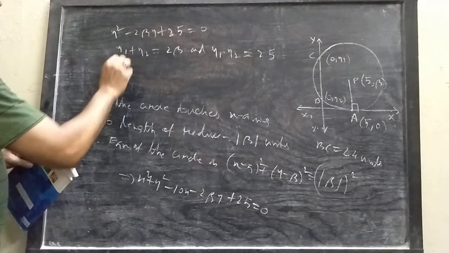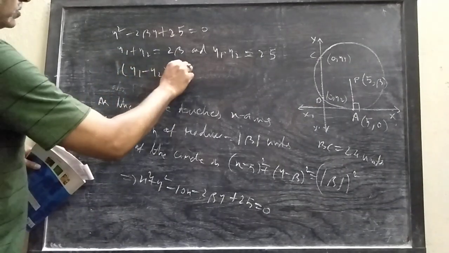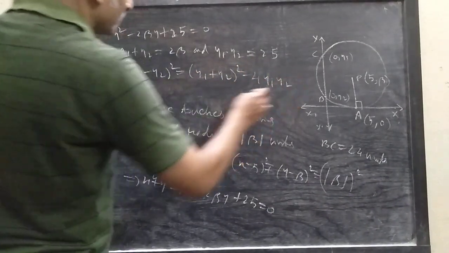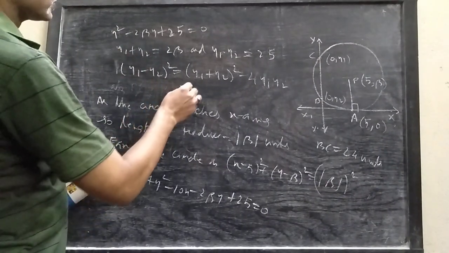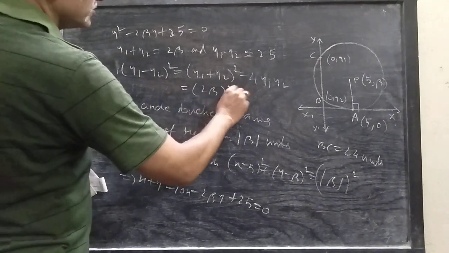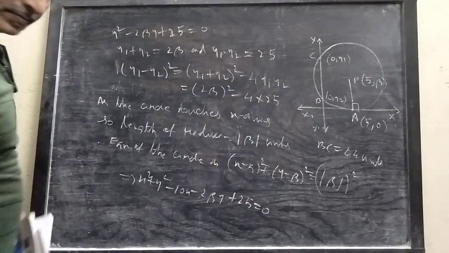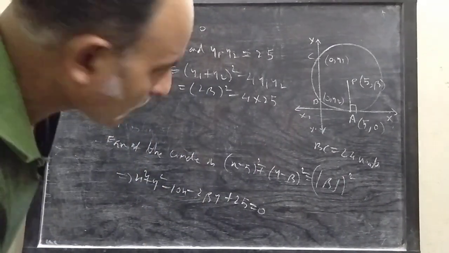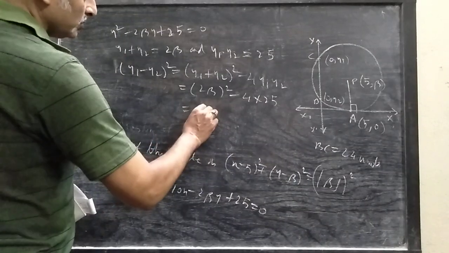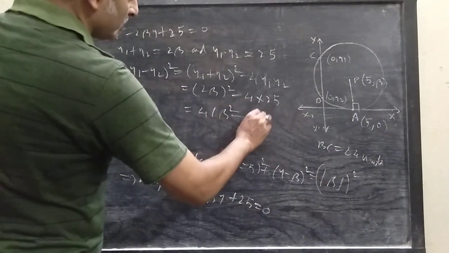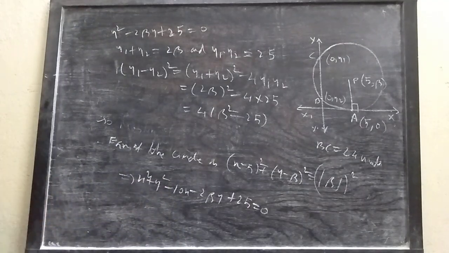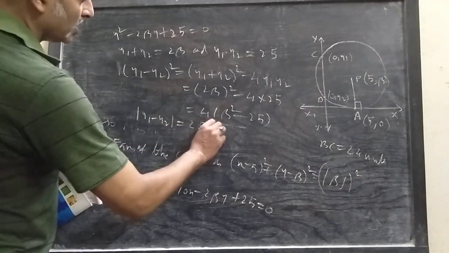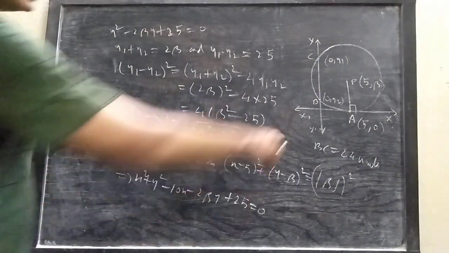Therefore (y1 minus y2) whole square equals (y1 plus y2) whole square minus 4 y1 y2. This becomes (2 beta) whole square minus 4 into 25. Taking 4 common, 4 into (beta square minus 25). Therefore mod of y1 minus y2 becomes 2 root over beta square minus 25, and this is the length of the chord BC.